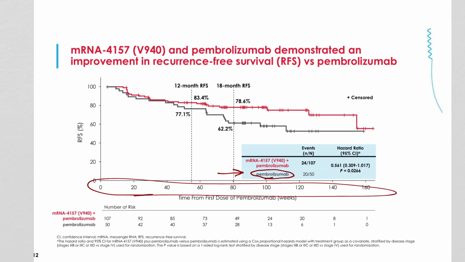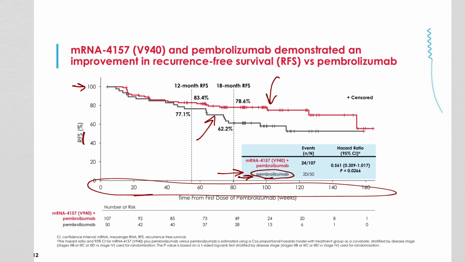So for this recurrence-free survival, we start at 100% at time 0, and we give both combinations: the immune checkpoint inhibitor by itself, the bottom line, or the immune checkpoint inhibitor plus our customized mRNA vaccine.